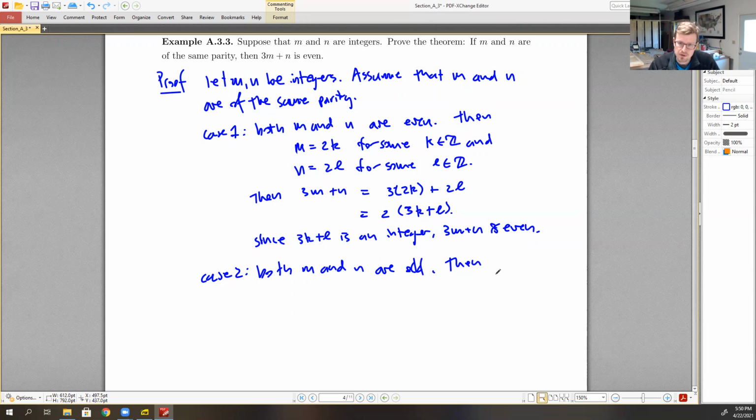So if they're both odd, then I can write m as 2k plus 1 for some integer k, and I can write n as 2l plus 1 for some integer l. Again, you could use p and q here if you didn't like that they were the same.